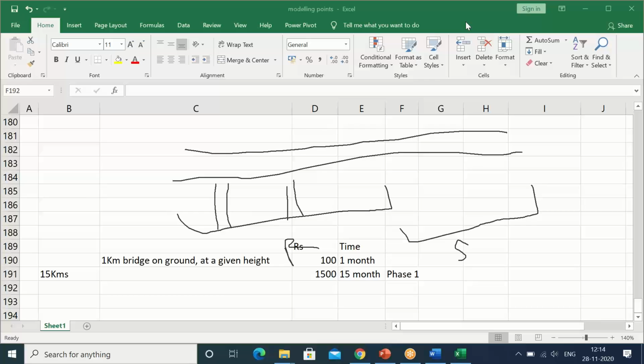Sorry? 15 rupees is the cost, and this cost is... No, for first phase there is no 15 rupees. One is 100 and the other is 1500. Okay, sorry. So the cost of 1 kilometer is 100 rupees, so the cost of 15 kilometers becomes 1500, right? Okay. And constructing 1 kilometer takes 1 month. So approximately for construction of 15 kilometers it will take around 15 months. Is that clear?